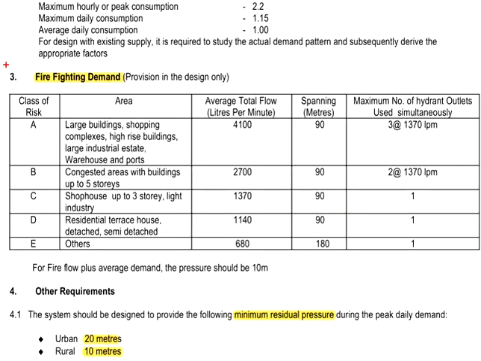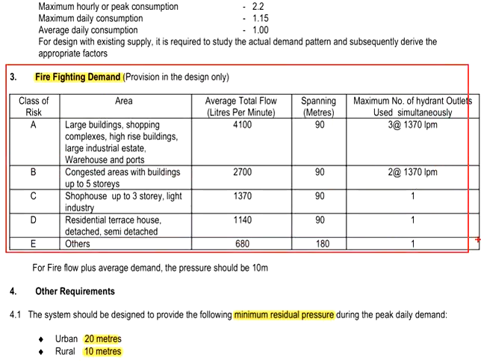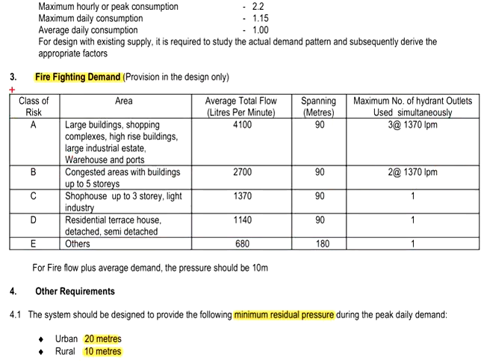the firefighting demands are given here, which is classified under different risk class from A to E. Class A refers to large building, shopping complexes, high-rise building, large industrial estate, warehouse, and ports. Class B, congested area with buildings up to 5 stories.